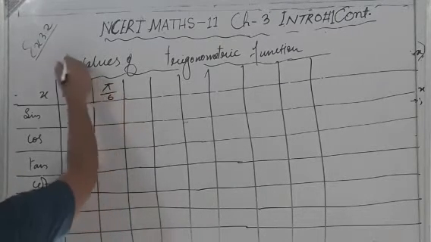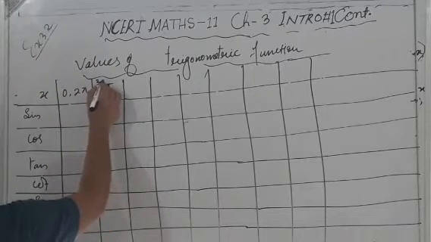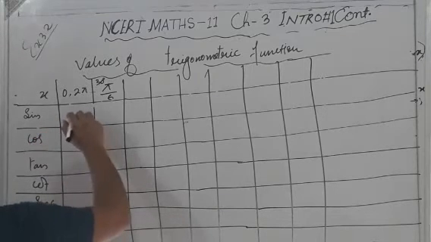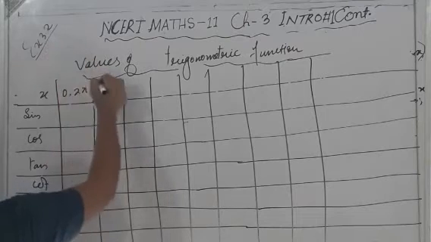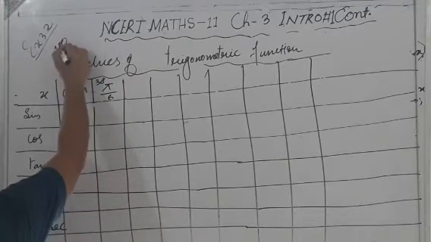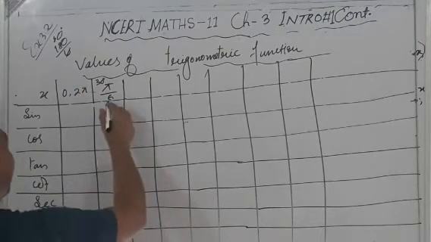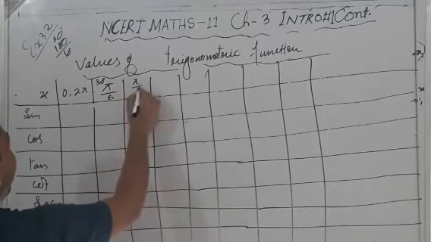Why 5 by 6? If this is 30, this is 0 only. So if pi is equal to 180, then 180 by 6 equals what? 30 degree. So it is 30, then it will be 5 by 4.